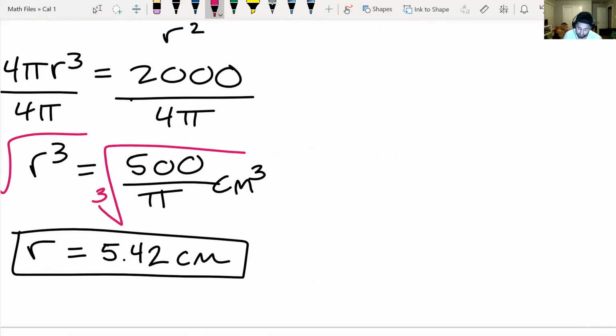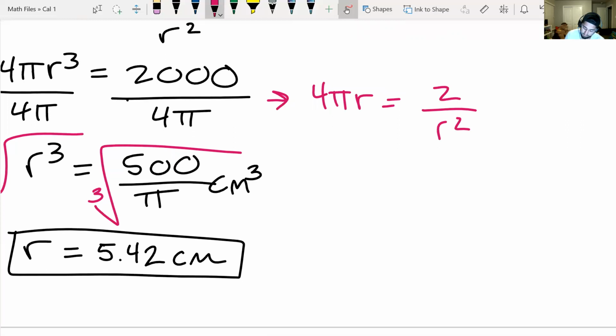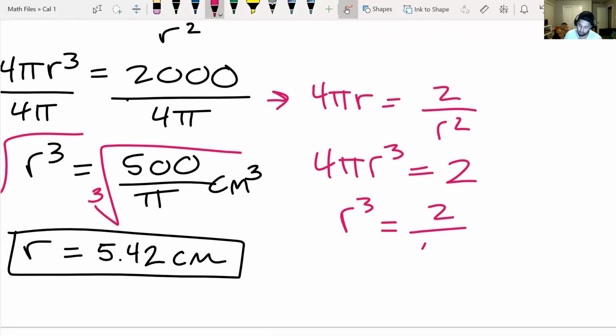If we did not convert, then this still would have been 4 pi r equal to 2 over r squared, which would have given me 4 pi r cubed equal to 2, and r cubed would have been 2 over 4 pi, where then you would cube root that.